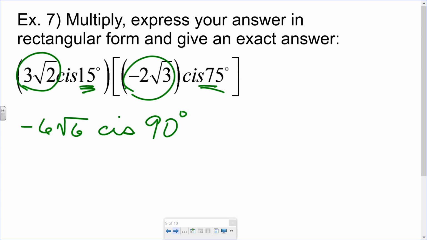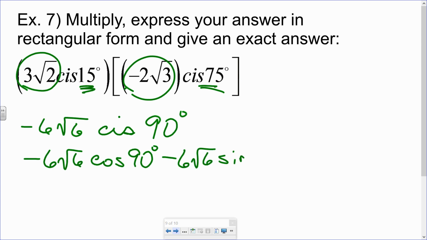Okay, how do I go from polar to rectangular? I just write out the cosine and the sine. I write out what cis means. So negative 6 root 6 cosine 90 plus negative 6, so just minus 6 root 6 sine 90 times i.